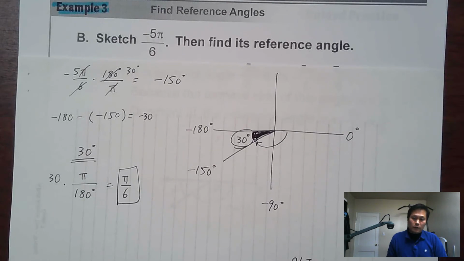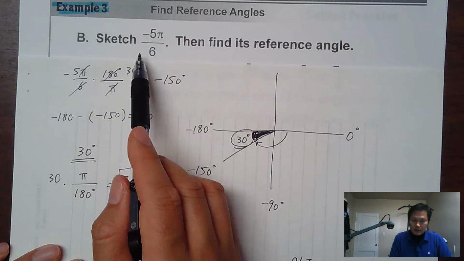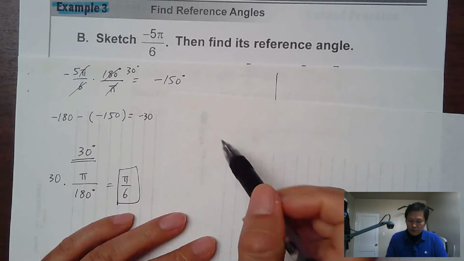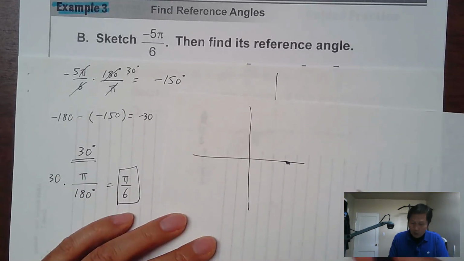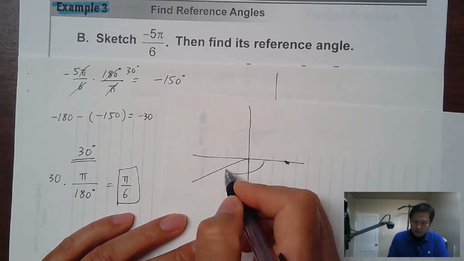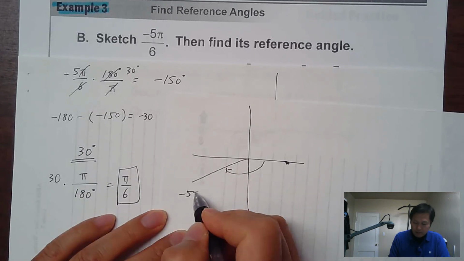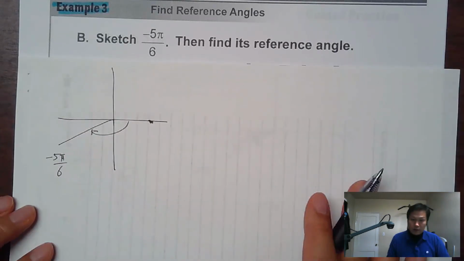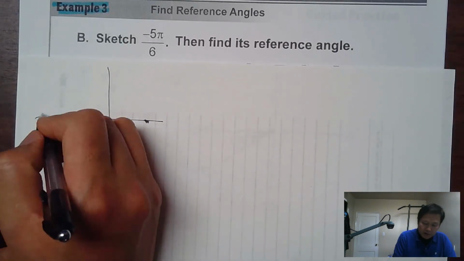If you are very familiar with radians, there is another way to calculate the reference angle in radians directly. You should recognize minus 5 pi over 6 as the angle located here. If you know minus 5 pi over 6 is located here without converting to degrees, then all you have to do is minus pi.